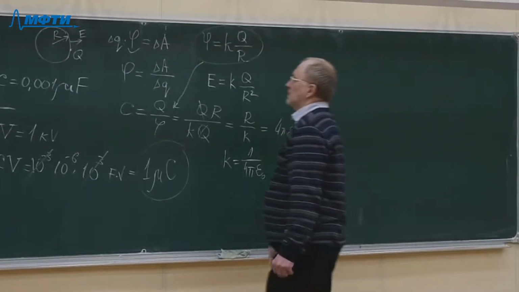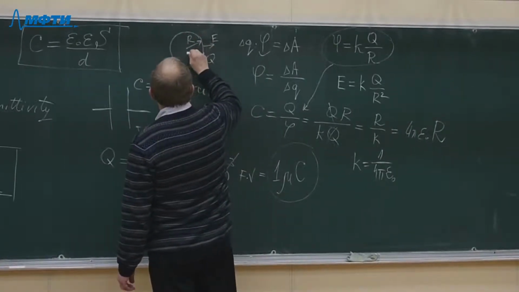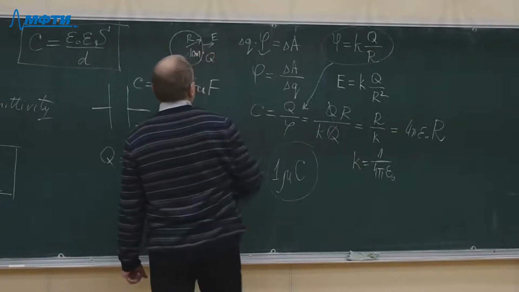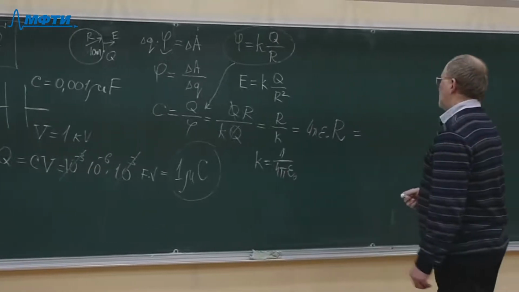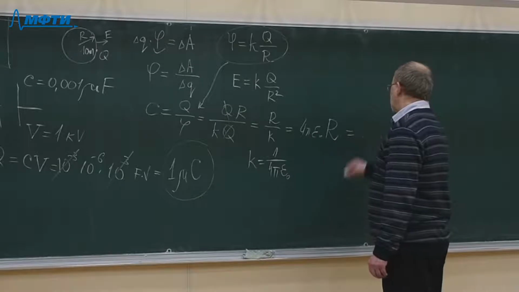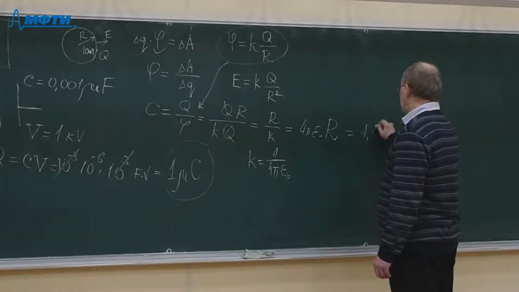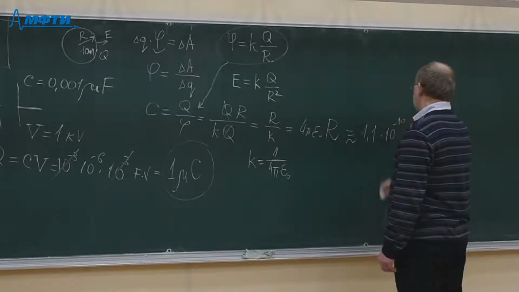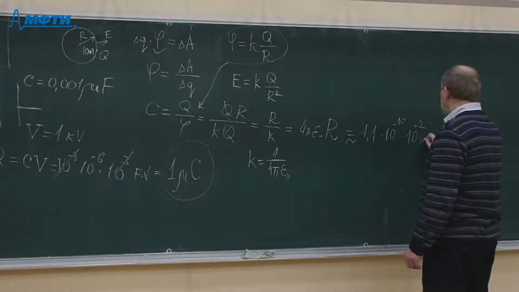And suppose the radius is 1 centimeter. Then this quantity, if I remember it well, is about 1.1 times 10 to the minus 10 per 1 centimeter. 1 centimeter is 10 to the minus 2 meters.